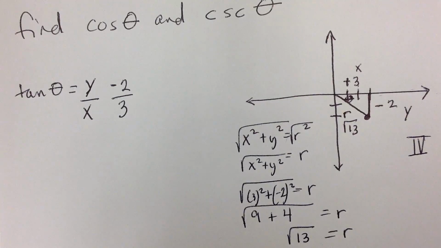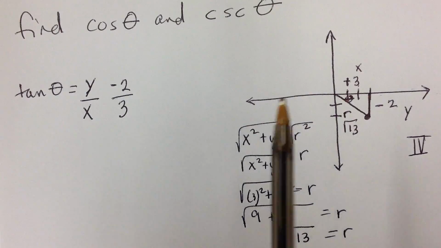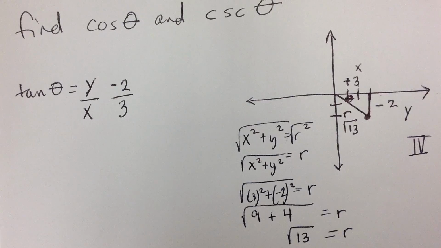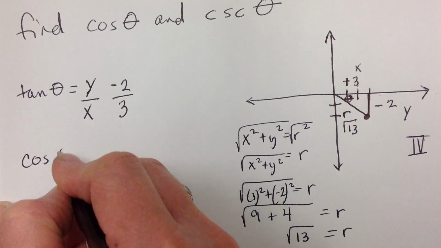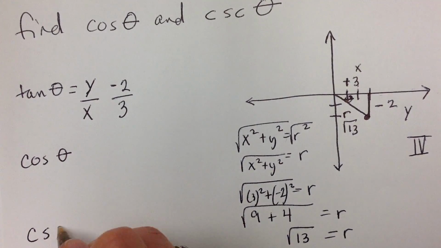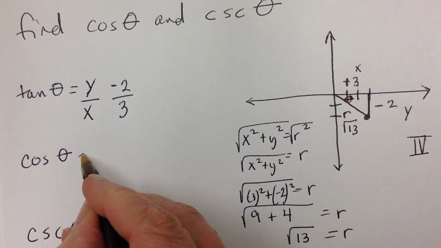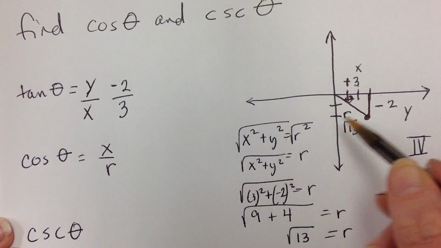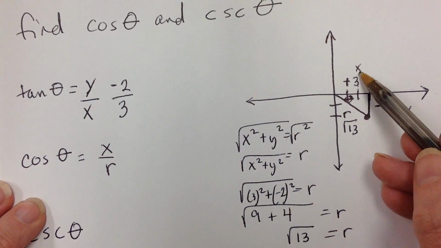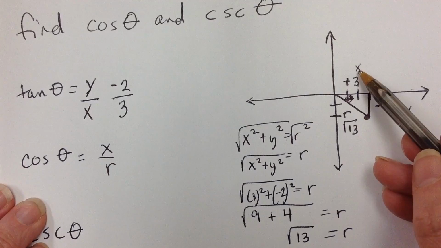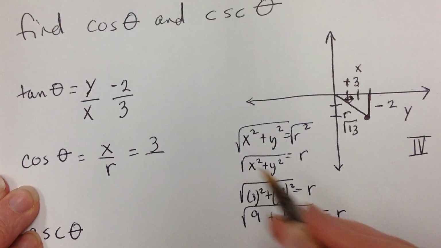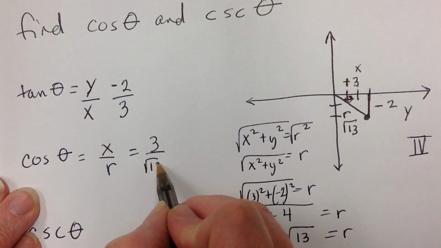Okay? So we know we were given tangent. We derived that we were in the 4th quadrant. Now we have been asked to find cosine of theta and cosecant of theta. Now cosine of theta, recall, is x over r, adjacent over hypotenuse. So my x is 3 and my r is the square root of 13.